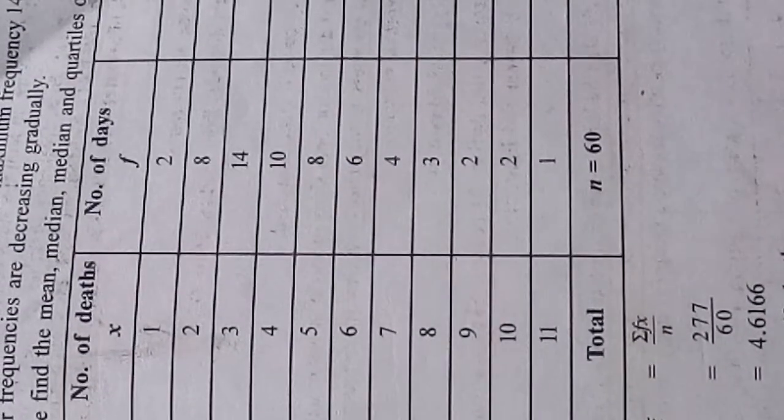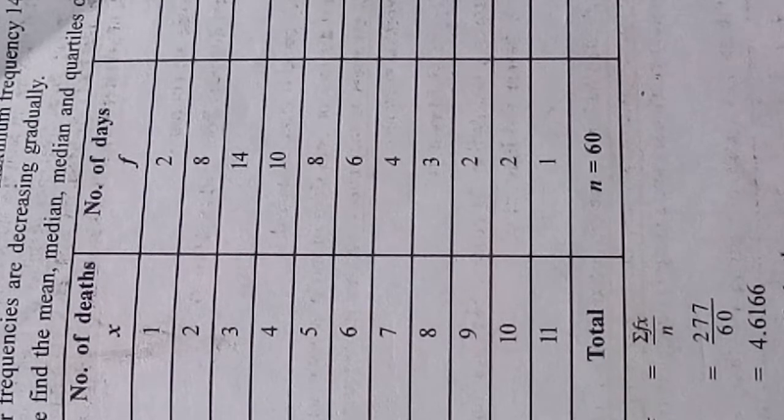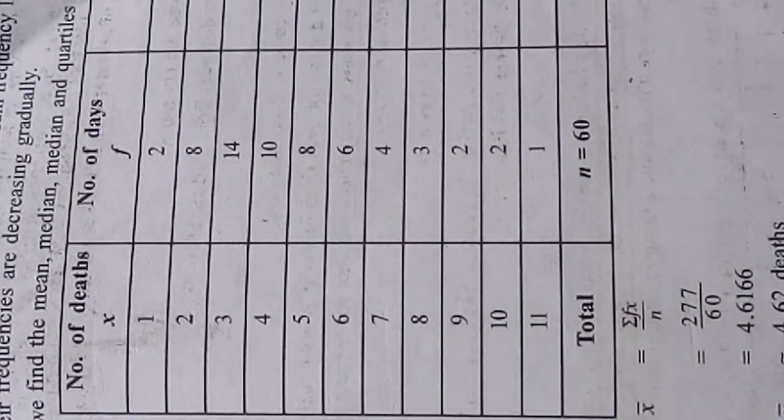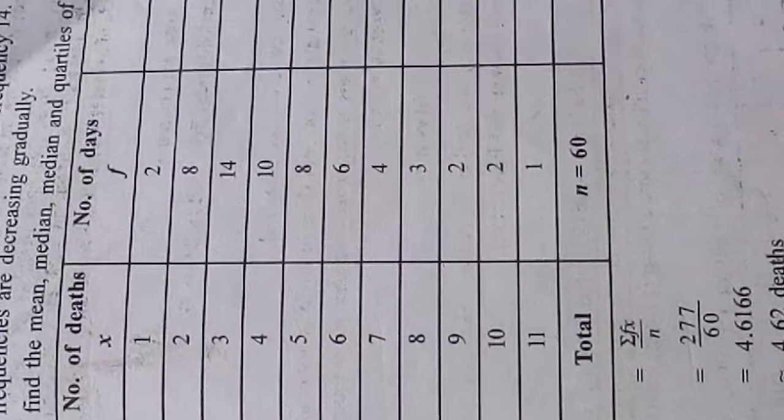Now as we have to find mean, median and mode in this sum, first of all let us find fx for finding mean. So here first of all we will multiply these two columns, that is fi xi.